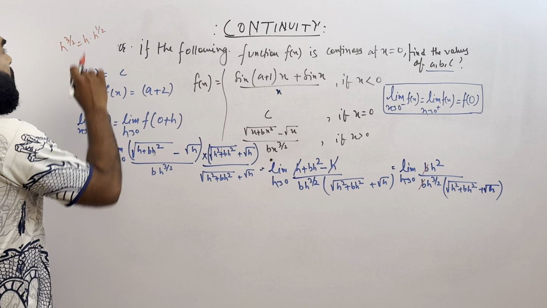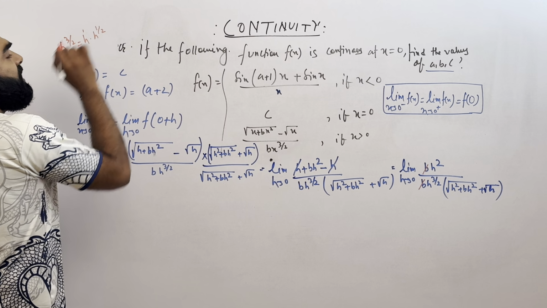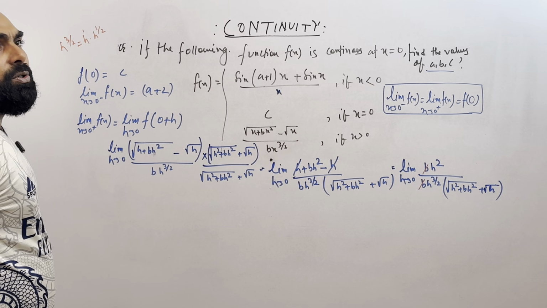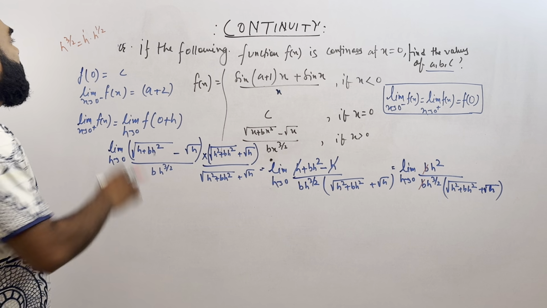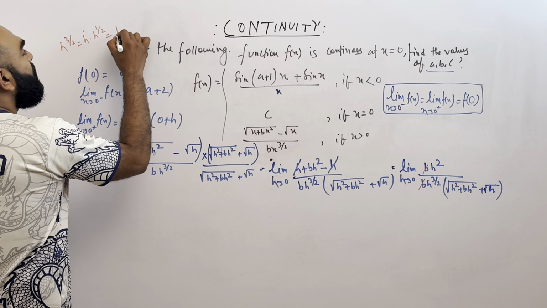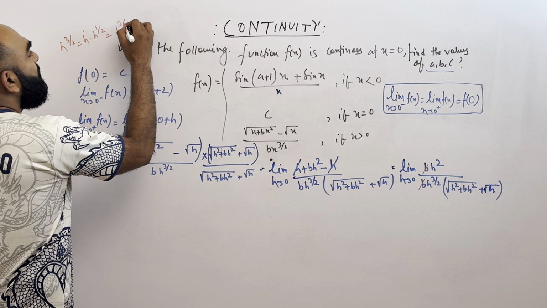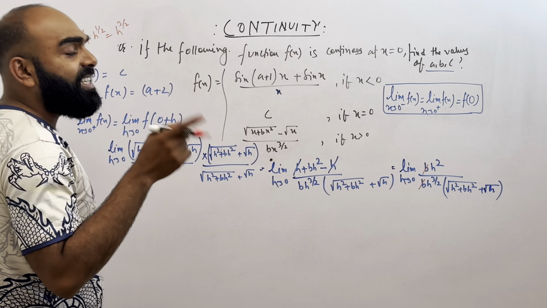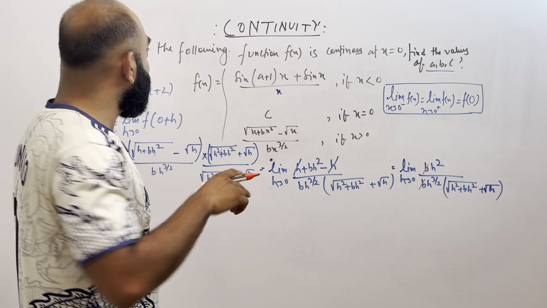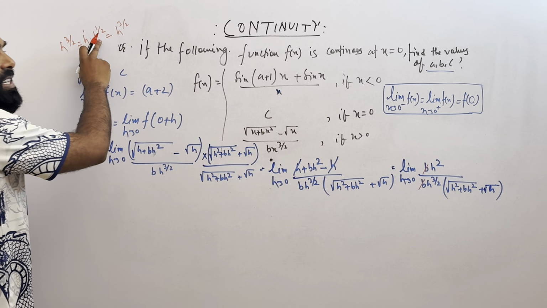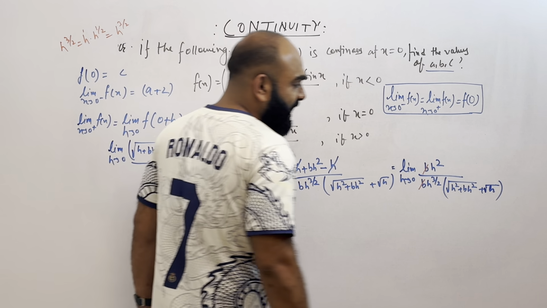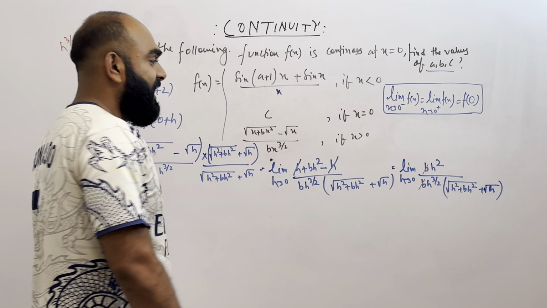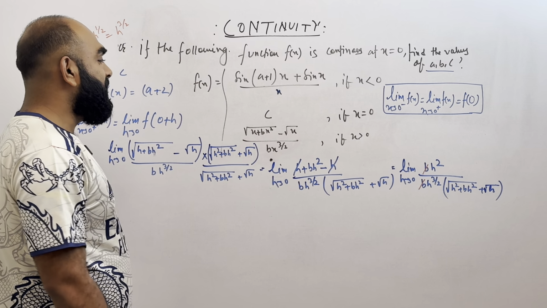Here the power is 1 and here the power is half. When the base is the same, powers add up, so 1 plus 1 by 2 is 3 by 2. So h to the power 3 by 2 is written as h into root h, since h to the power 1 by 2 is root h only. Are you getting my point? Yes, sir, we are getting your point.